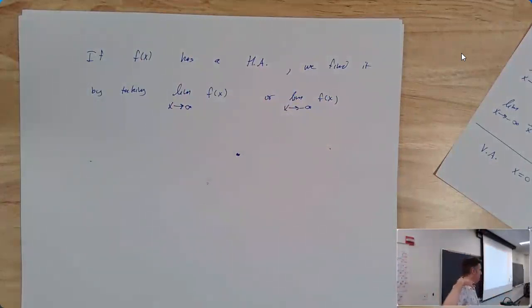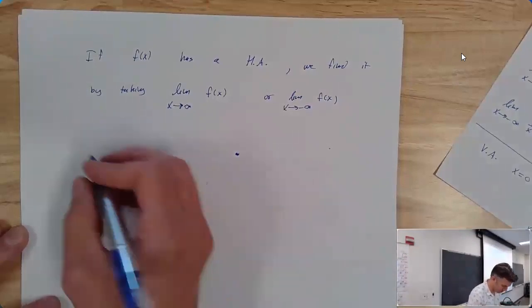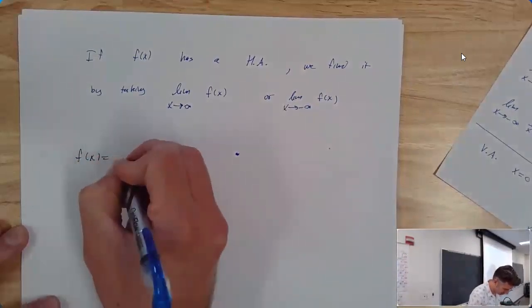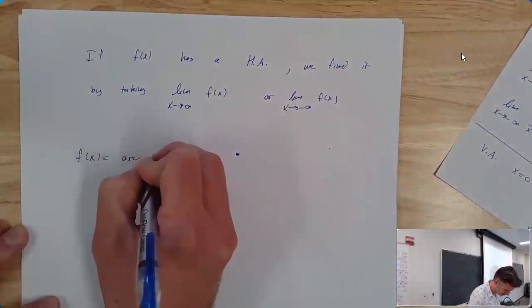Do they have to be the same? No, they don't. They most often are, but not always. So one or the other would be sufficient for one horizontal asymptote. There are functions that have two different horizontal asymptotes. One value to the right, one value to the left. Here's my favorite example of one of those. f of x equal to the inverse tangent of x.